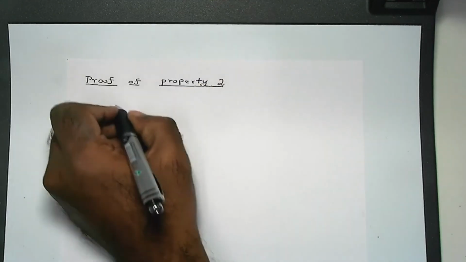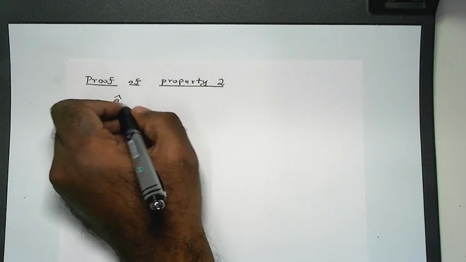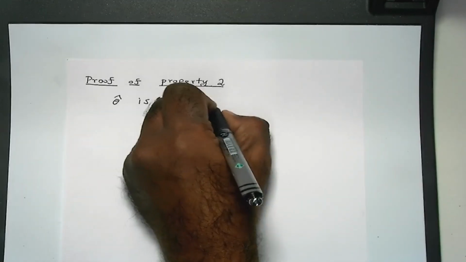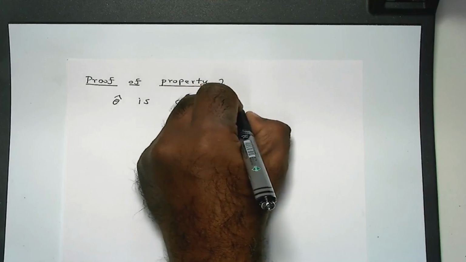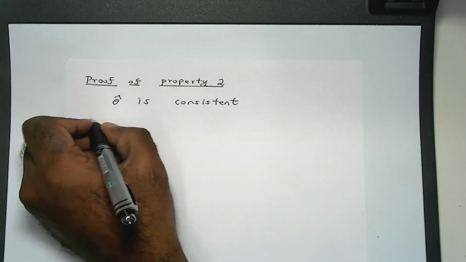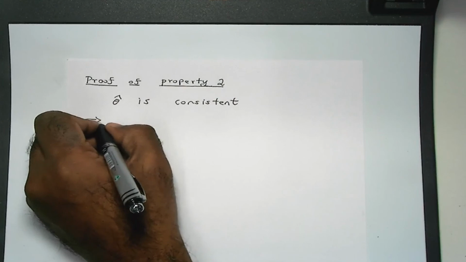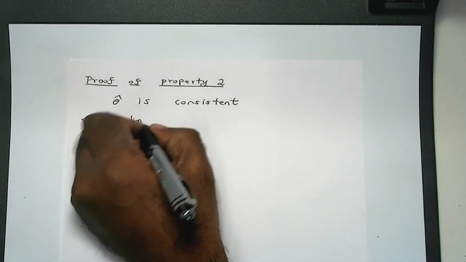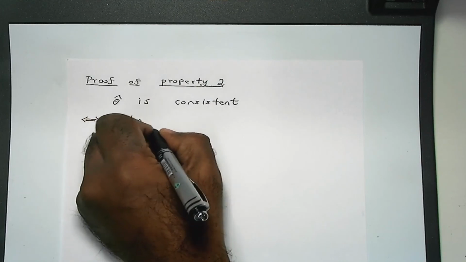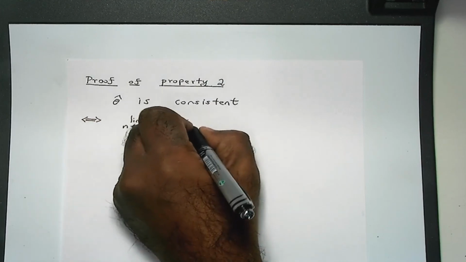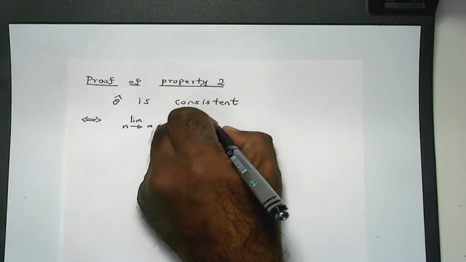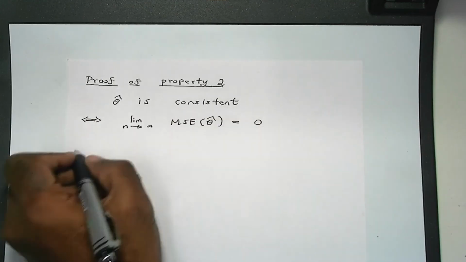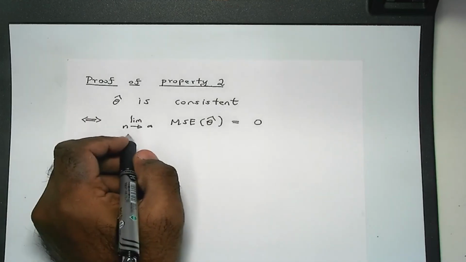To prove this, I'm going to assume theta hat is consistent, which, according to the definition I gave you a couple of slides ago, means that an estimator is consistent if and only if the limit as n goes to infinity of the MSE of theta hat is 0. This is the definition I gave you.